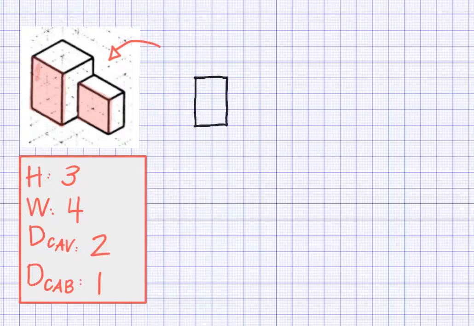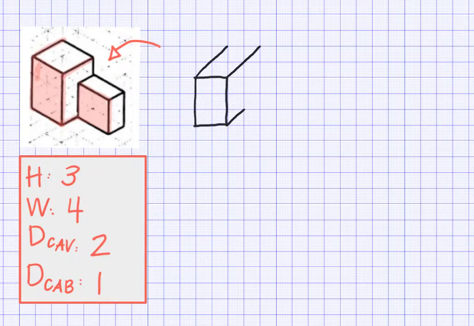Now I want to start asking myself, how many units back is this drawing? For my cavalier, I'm going back 2, 2, and 1. So I can go ahead and start doing that in my drawing.